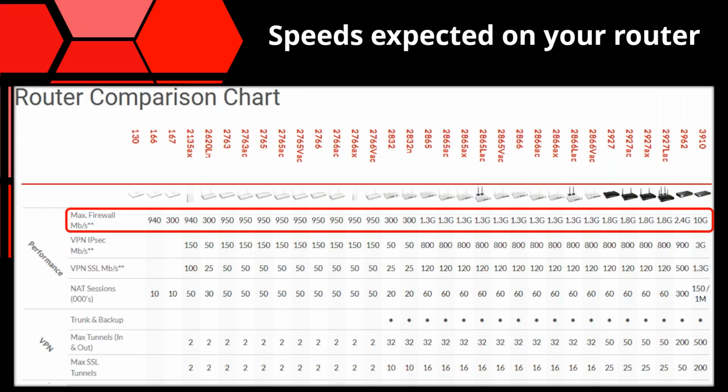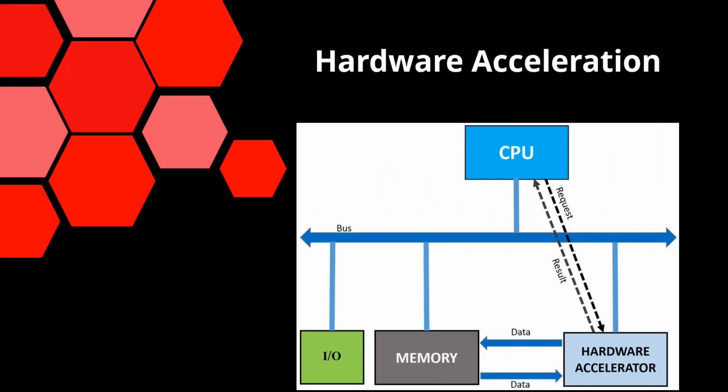Okay, so what is hardware acceleration used for? It reduces demand on the CPU by offloading processing to dedicated resource. Optional feature that can be enabled on routers.